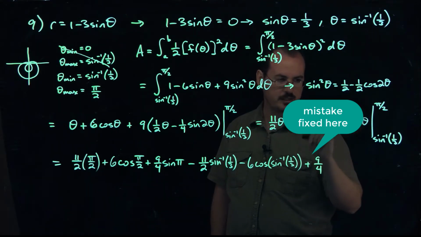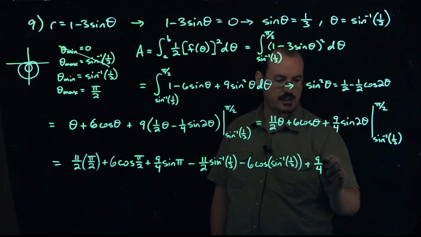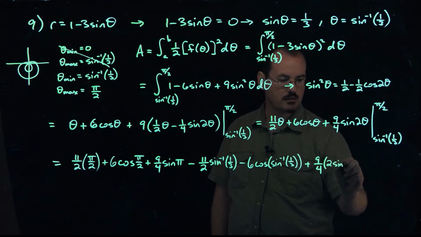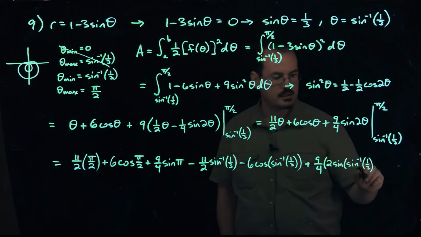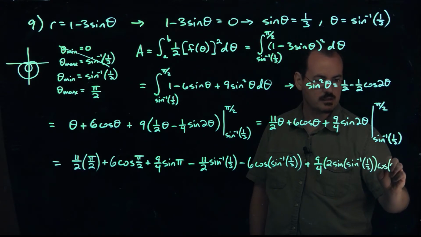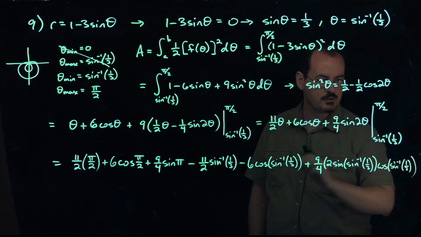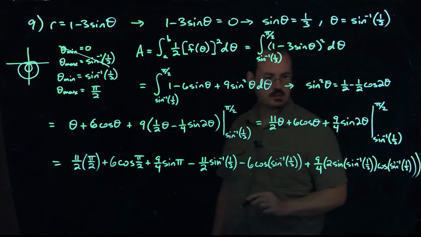Now on this one, I'm actually going to have to use a double angle identity. Sine 2 theta is equal to 2 sine theta cosine theta, so 2 sine of the inverse sine of 1/3 cosine of the inverse sine of 1/3.